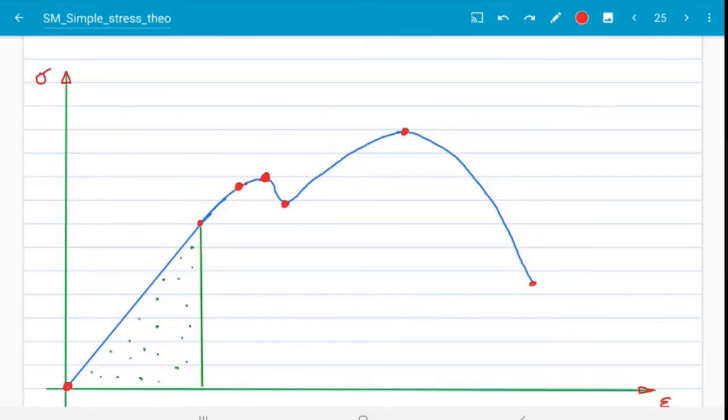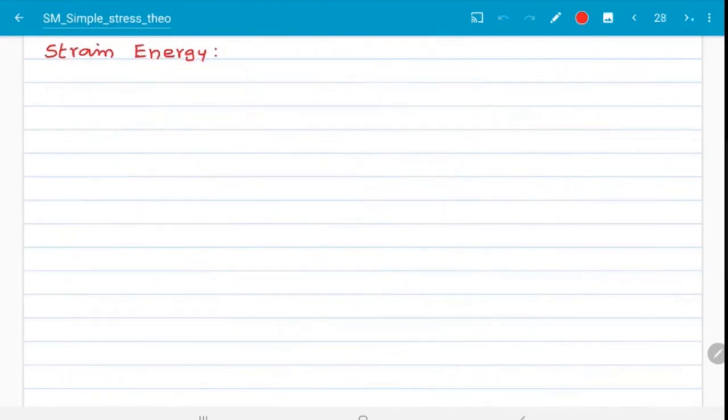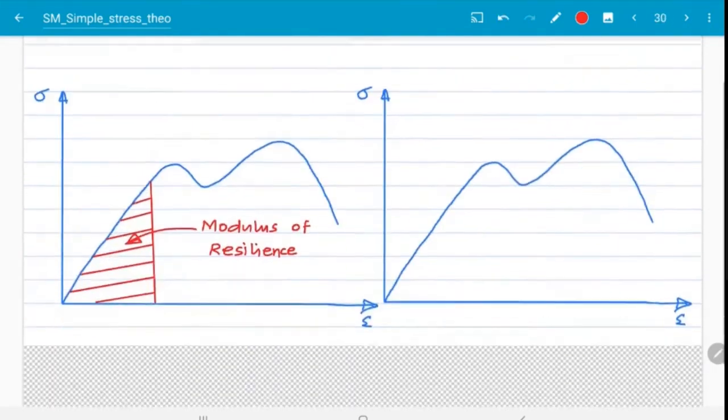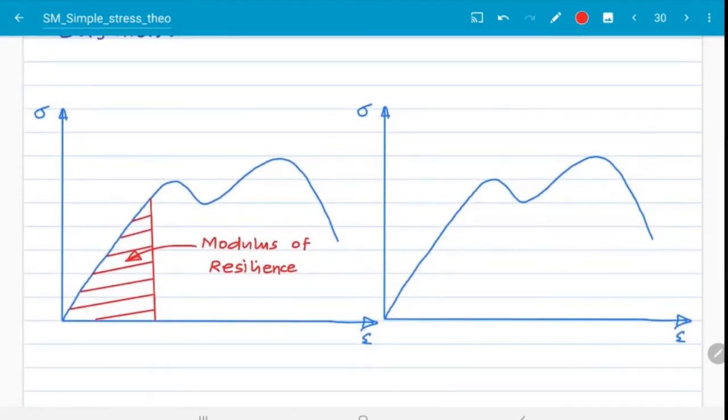Now, area under the full stress strain curve is nothing but modulus of toughness.